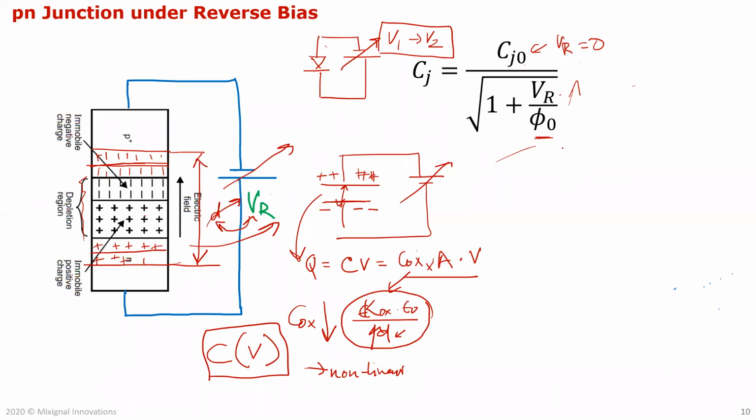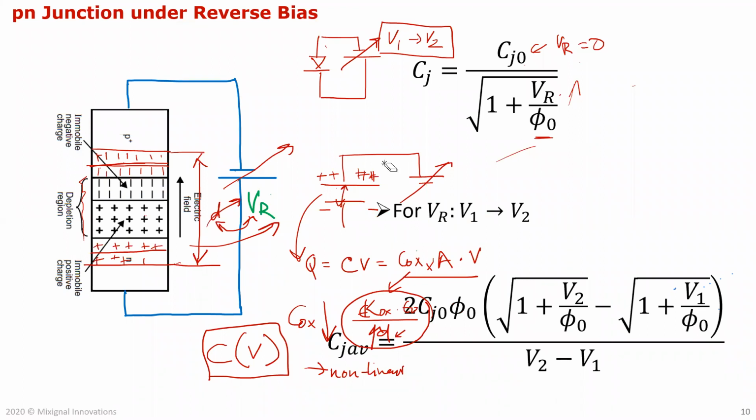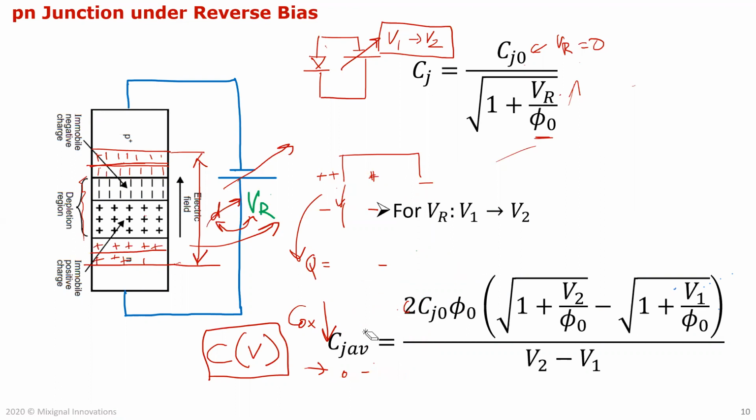For example, if I want to find the delay of a circuit, instead of doing this entire nonlinear calculation, people usually take the average. Let's say you're swinging from 1.8 volts to 1 volt. You can use this approximation to give you an average value, Cj average, and then you multiply that by the area of the diode, and that should give you the approximate junction capacitance.